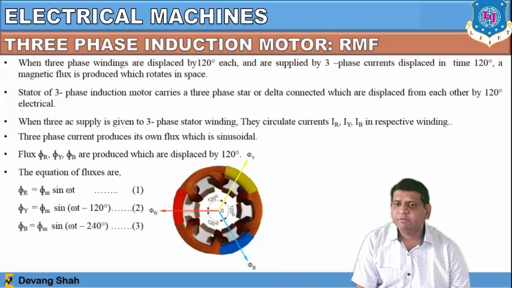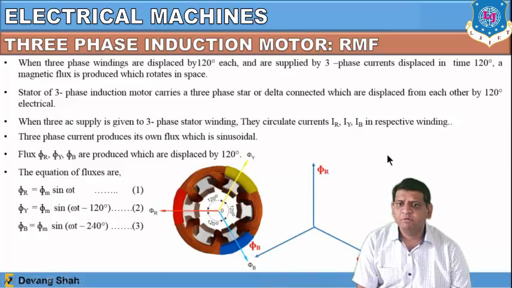Likewise phi B is equal to phi m sine omega t minus 240. All these three fluxes are 120 degrees apart from each other, and if you draw the phasor diagram you can see this.